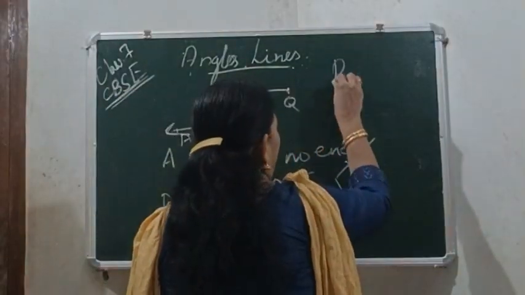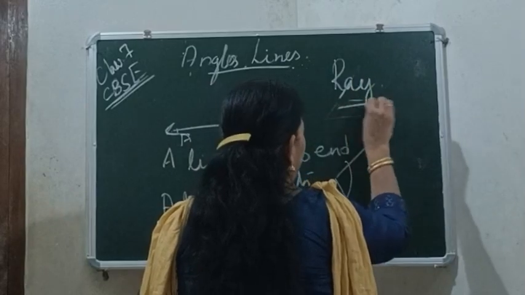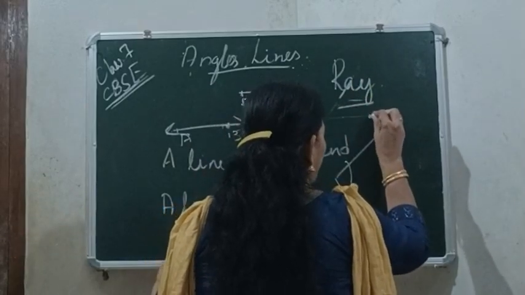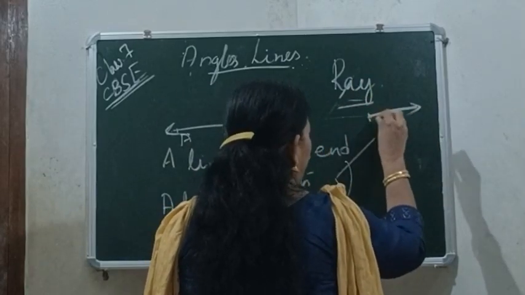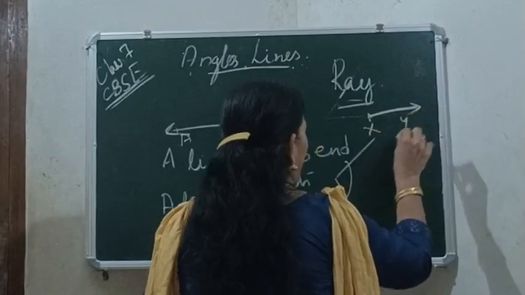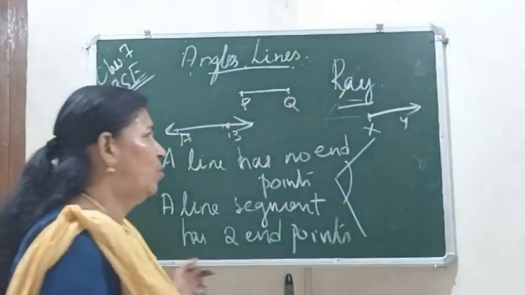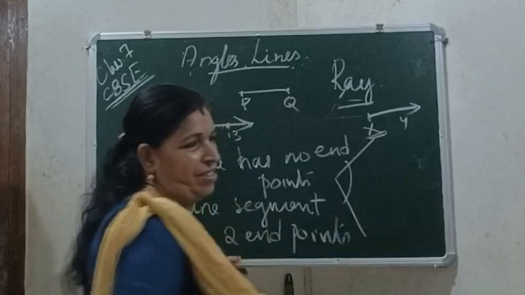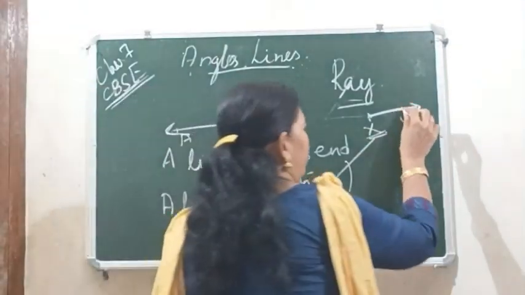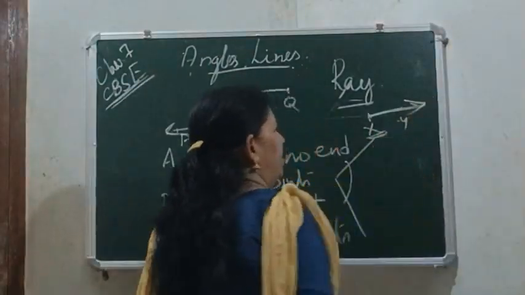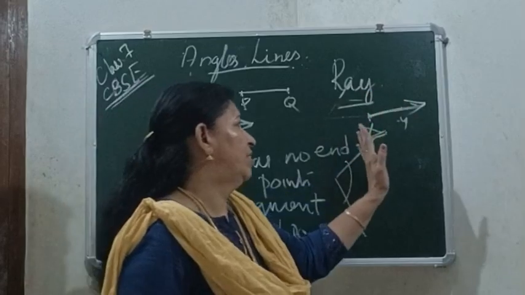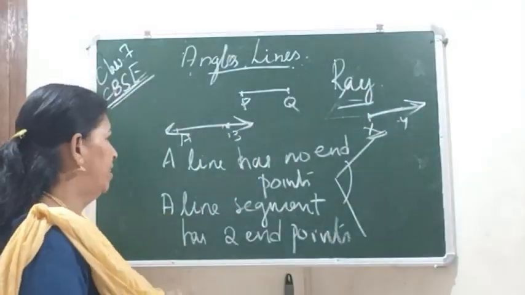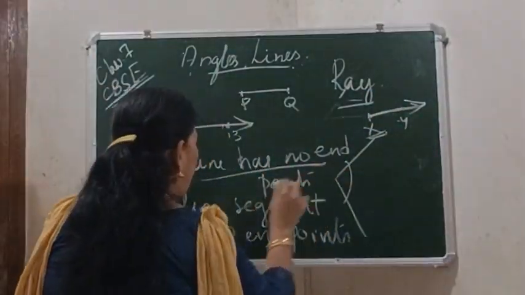Then the ray. Here a ray has only one endpoint. The ray XY has only one endpoint, X, and the other side goes to infinity. A line has no endpoints.